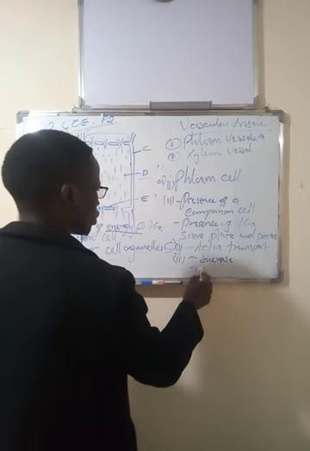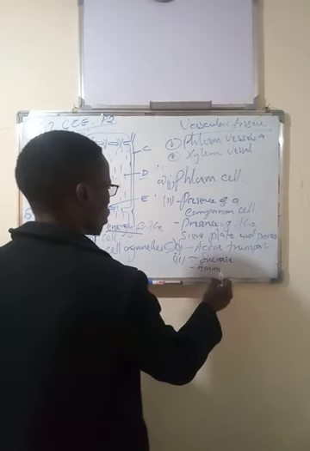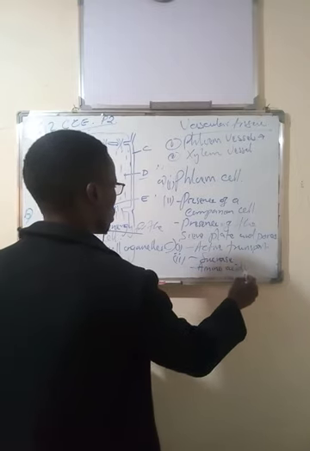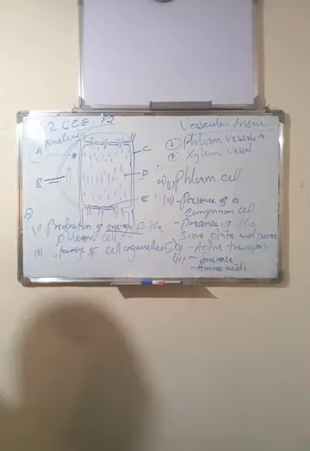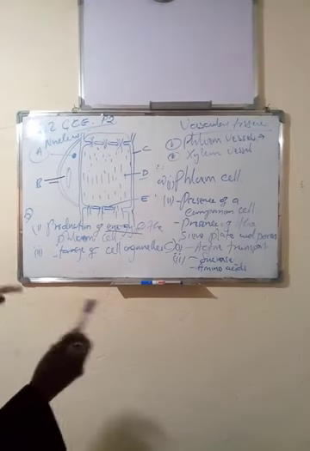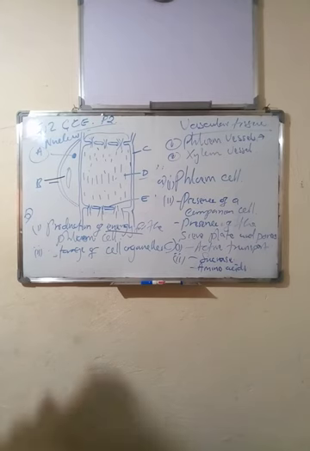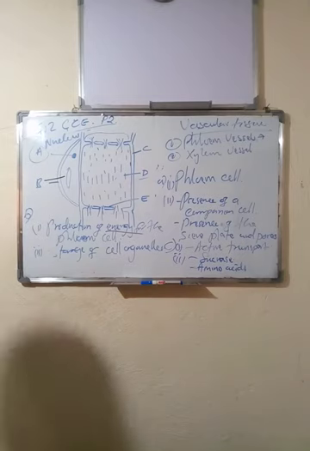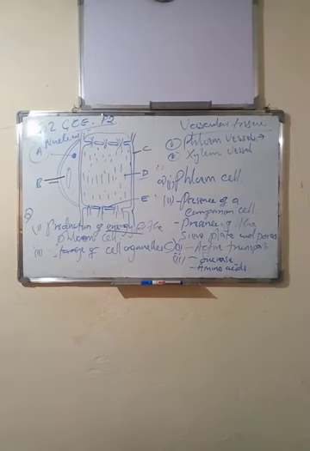We can also talk about things like amino acids. Even lipids, all those substances are going to be transported by this phloem cell. Okay, so that was question 1 and question 2 of the grade 12 GCE paper 2 of 2016.